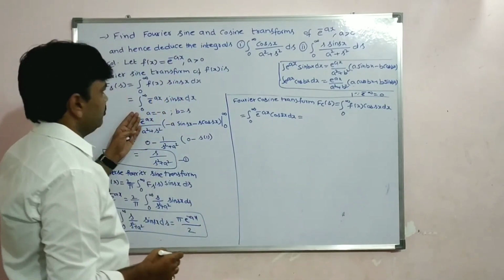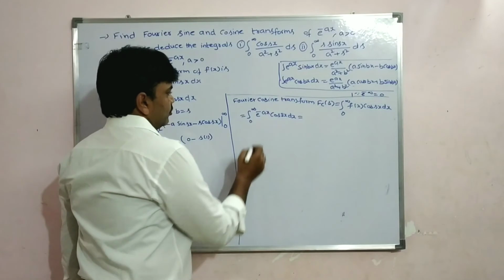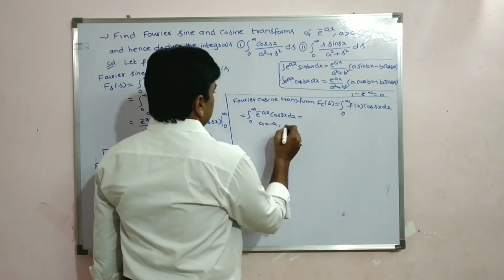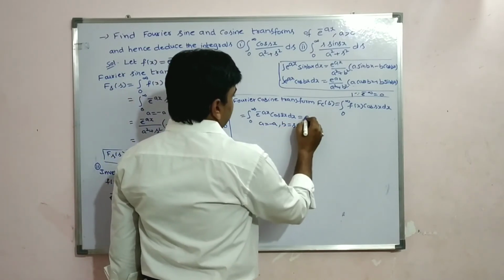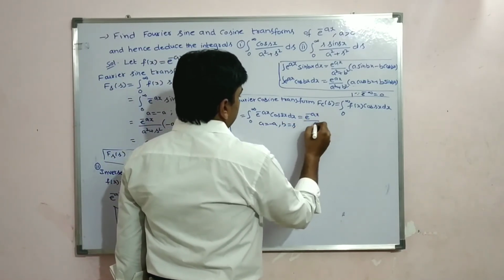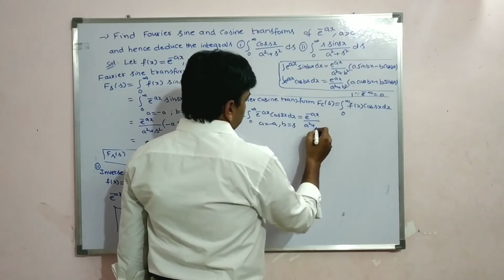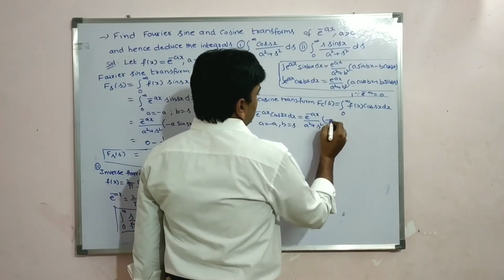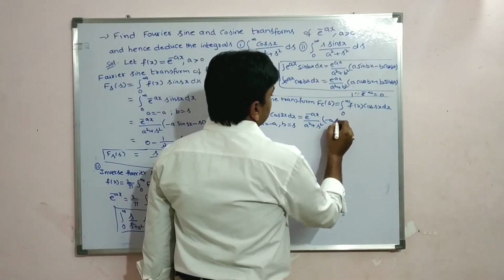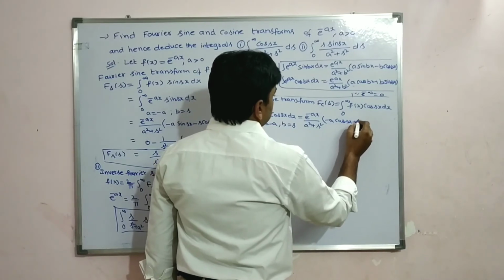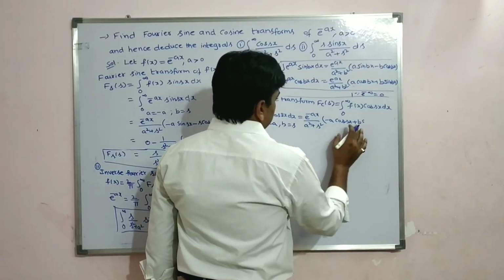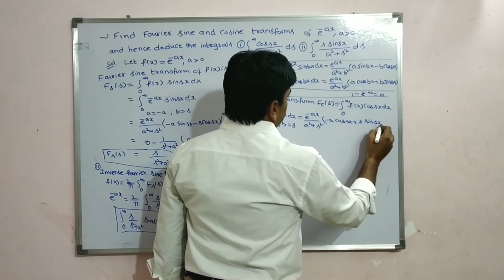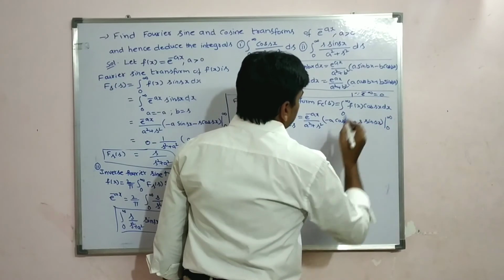Here we apply the formula we have from before. What is a? a is equal to minus a, and b is equal to s. So we get e power minus ax by a square plus s square, into minus a cos sx plus s sin sx, between limits 0 to infinity.